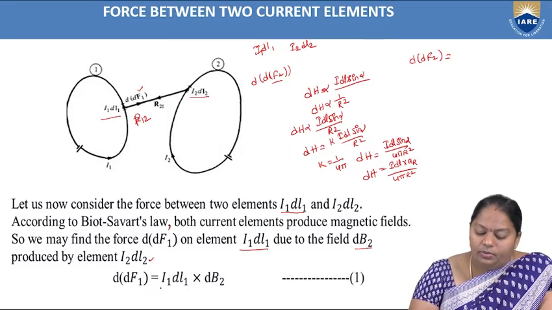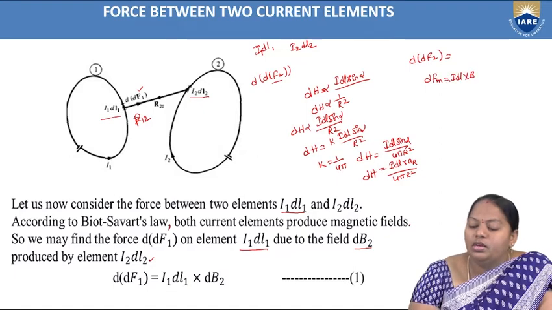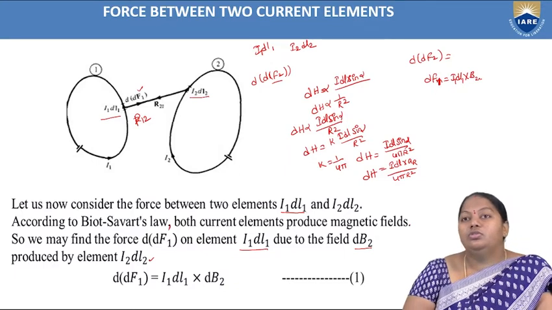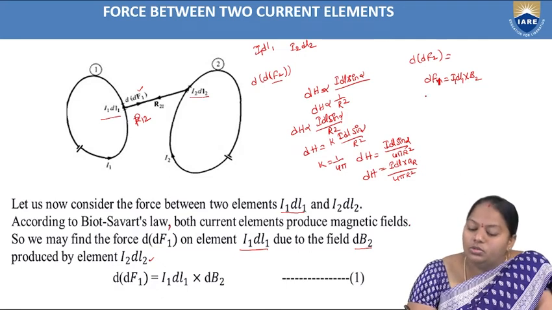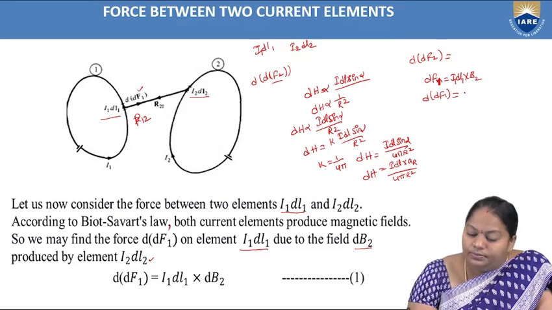d of dF1. Previously we have got dF is equal to I dl into B. So if you want to find the first one, dF1, then I1 dl1 into B2. So again if you apply differentiation, then d of dF1 equals I1 dl1 into dB2.